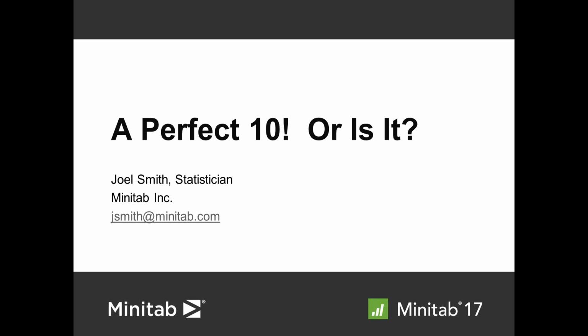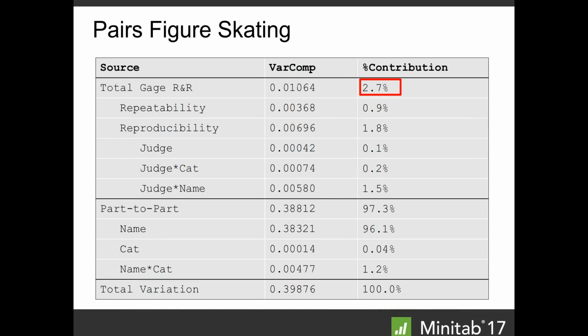Actually, we did just get one in. Somebody is asking, how did you decide on your metrics for what a good measurement system is? Well, those are sort of standards that are taught in places. If I go back to this table and we talk about that percent contribution number, the 1%, 9% cutoffs are numbers that are commonly used.